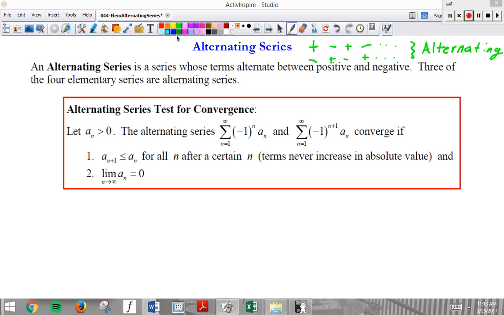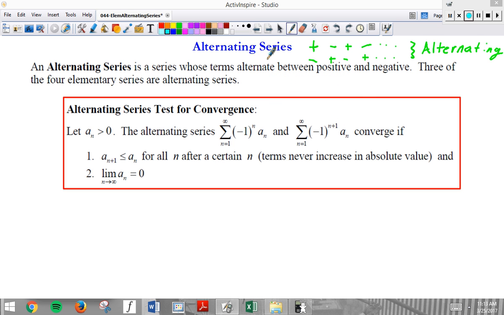What's not alternating? Plus, plus, minus, minus, plus, plus, minus, minus. That's alternating in a certain sense, but that's not what we're talking about when we're talking about alternating series. It needs to be alternating in this sense.